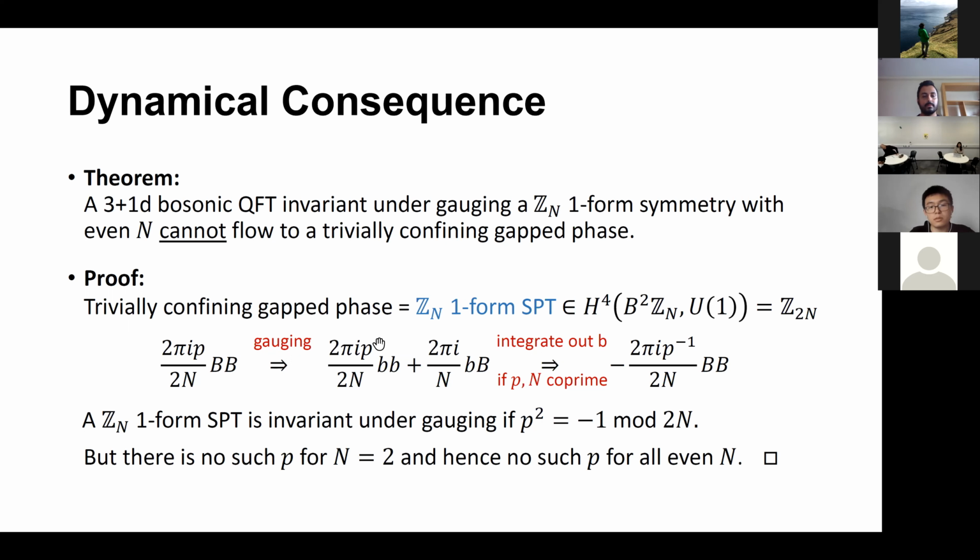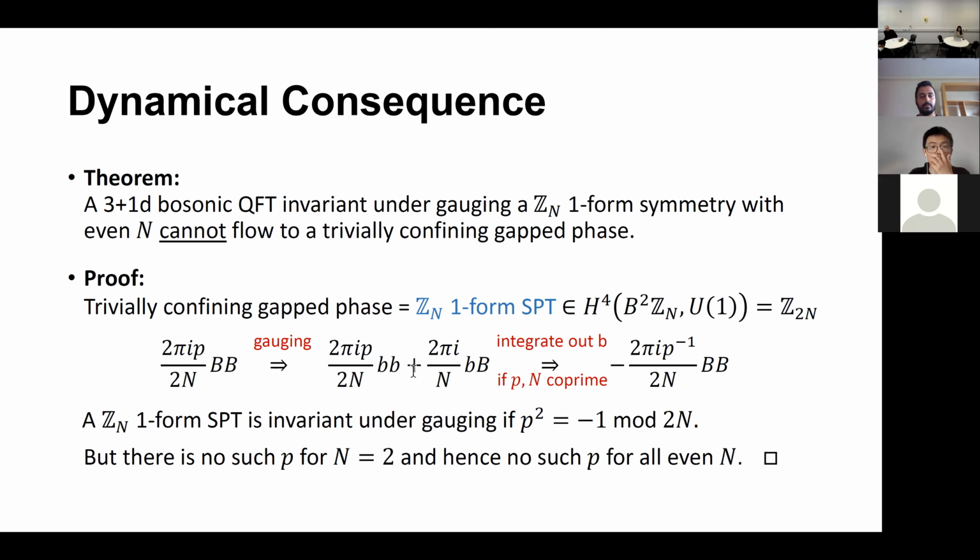So we can just gauge this SPT. If we gauge it, we'll get these new actions. The idea behind this theorem is that if we can prove that there are no Zn 1-form SPTs that are invariant under gauging symmetries, then the theory cannot flow to a trivially confining gapped phase.